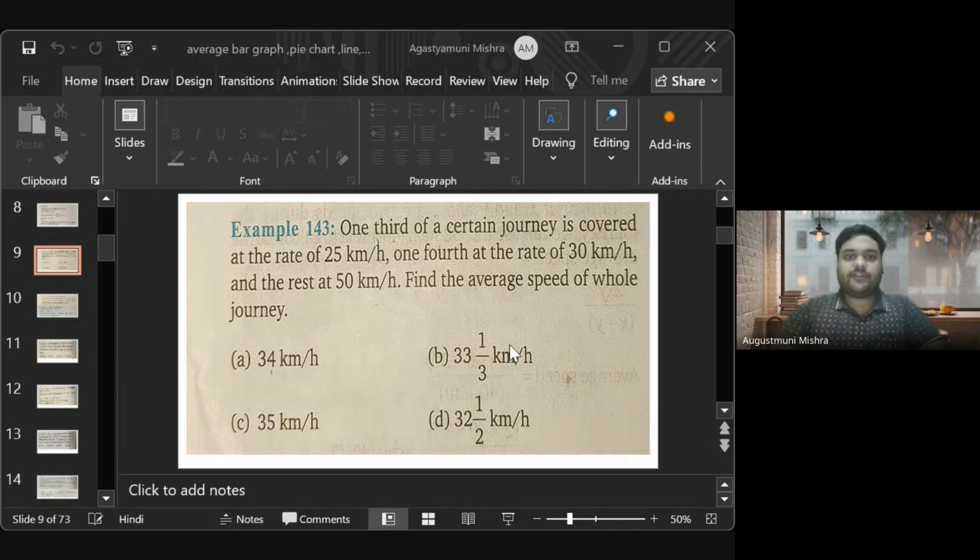Two minutes more left. At 6:09, I will change the slide, and there will be only half a minute for the answer solution.